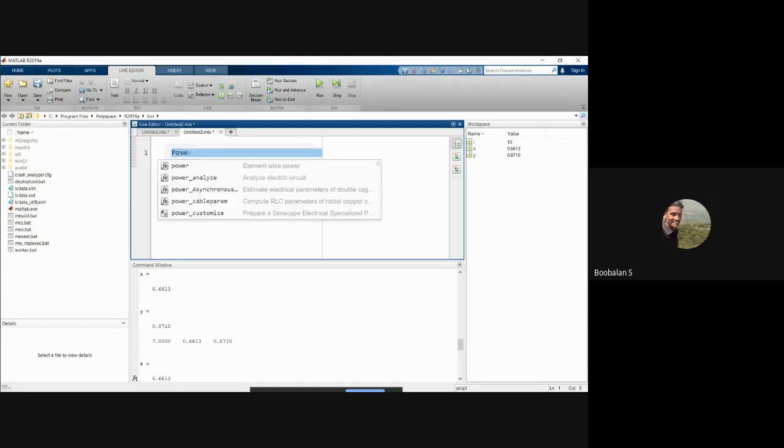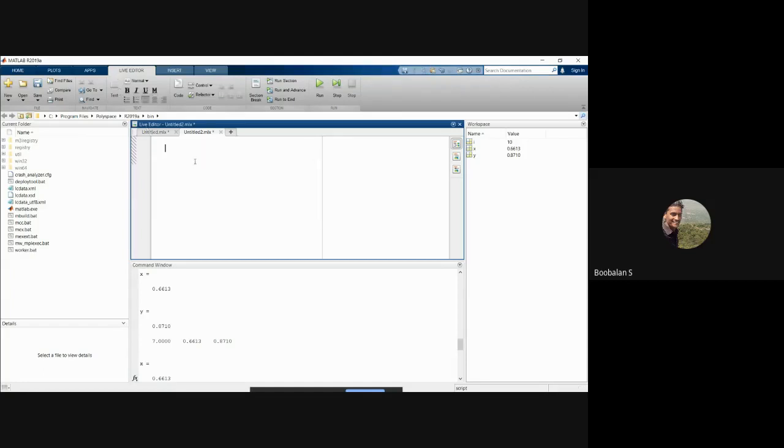We are just going to use a text, not coding. Power system analysis, power system simple network, right? Actually, we have an image over here. You could import an image also. No, I guess the image is not there.